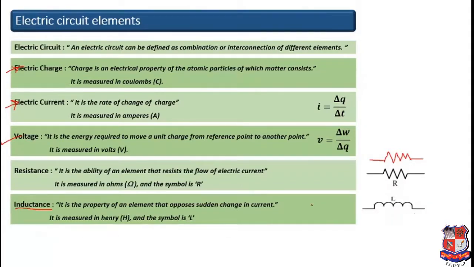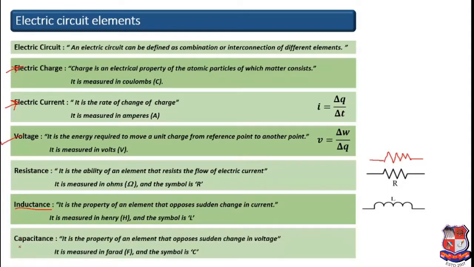Next is capacitance. Capacitance is the property of an element that opposes sudden change in voltage. Similarly, as there is inductance for current, there will be capacitance for voltage. So voltage change is not allowed suddenly when you place a capacitor in a circuit. It is measured in farad. Whenever you talk about voltage, these elements decide their position also.